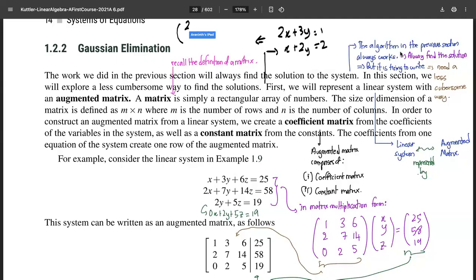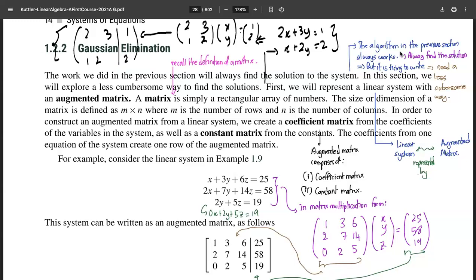And to recap, the definition of a matrix is simply a rectangular array of numbers. Usually we say the dimension of a matrix is m times n, where m is the number of rows and n is the number of columns.